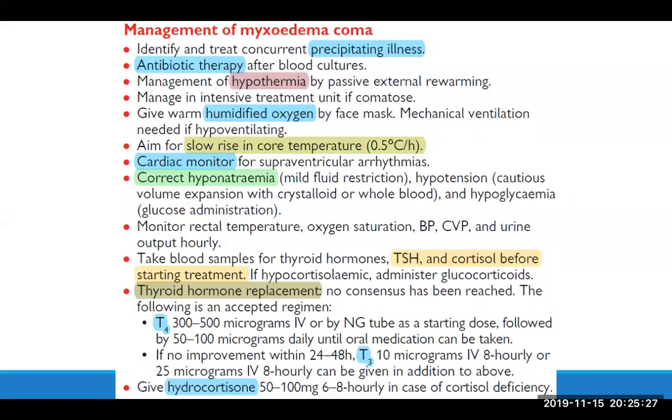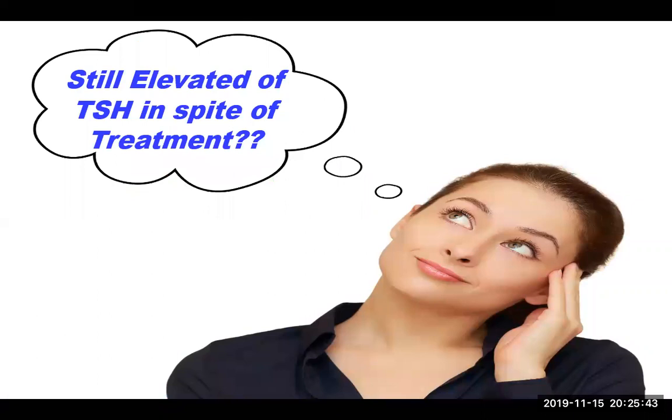If there is no improvement within 1 to 2 days, we can combine with triiodothyronine. This is not available in most countries. Also give hydrocortisone 50 to 100 milligram every 6 to 8 hours in a case of cortisol deficiency. But after we treat, TSH is still elevated in spite of treatment.